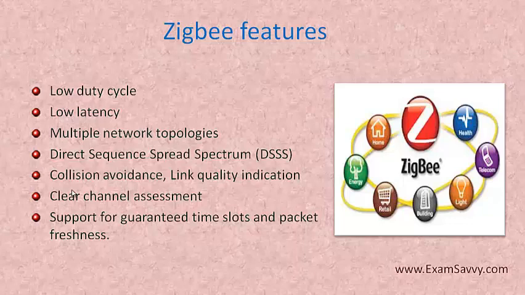All those come under multiple network topologies. And we can use direct sequence spread spectrum too. If you use ZigBee, collision avoidance will be less, the link quality indication will be more, the channel assessment will be clear, and the time slots and the packet information will be good compared to others.